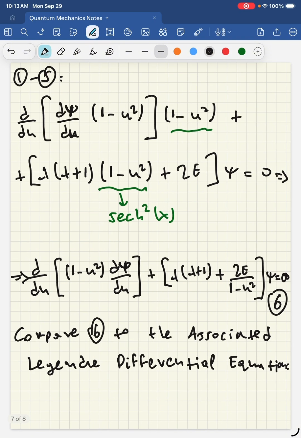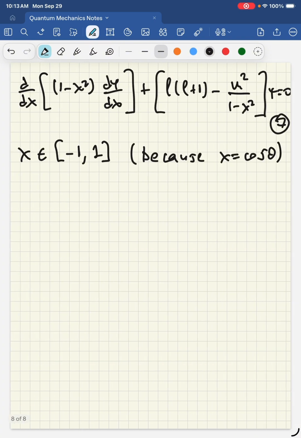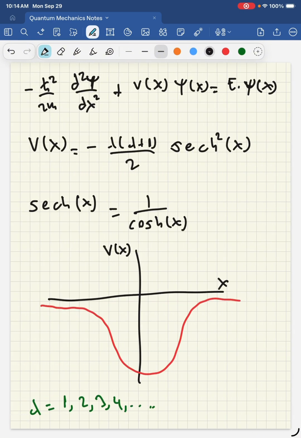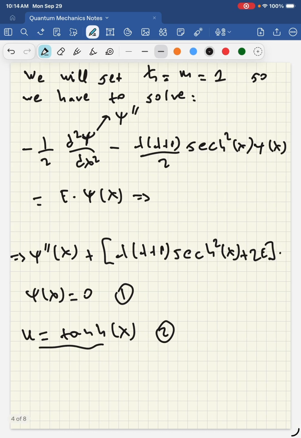As you can see, they are almost identical, except that L should be identified as lambda, and 2E, which is our energy, by the way, okay? Because don't forget, we are trying to solve the Schrodinger differential equation, so E is energy, okay?